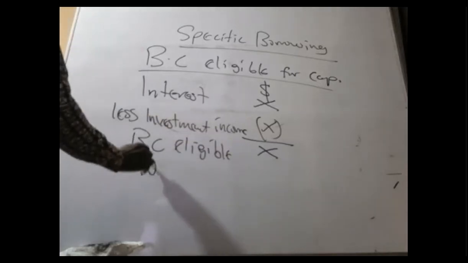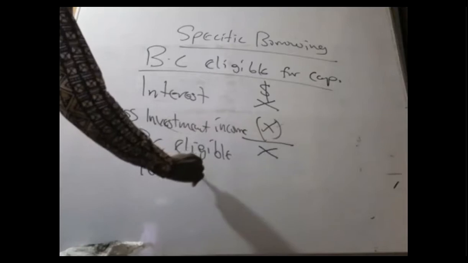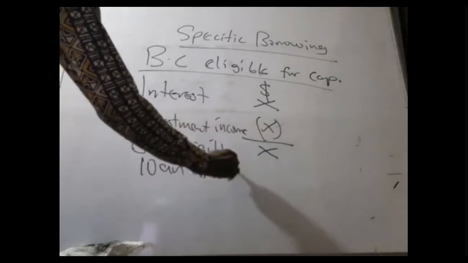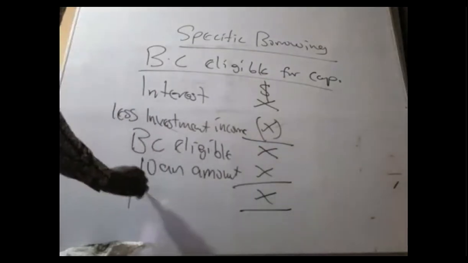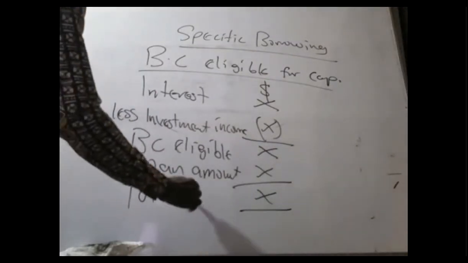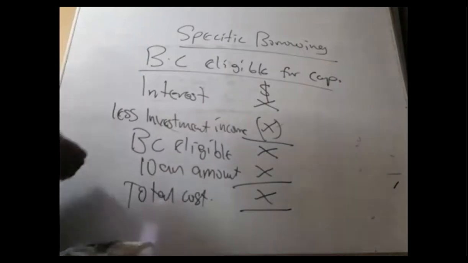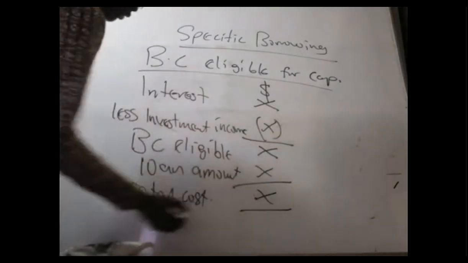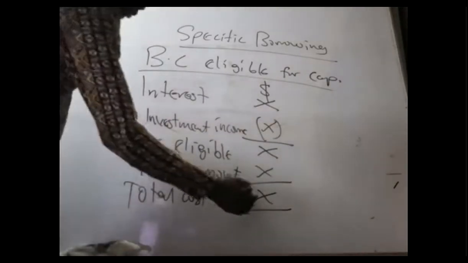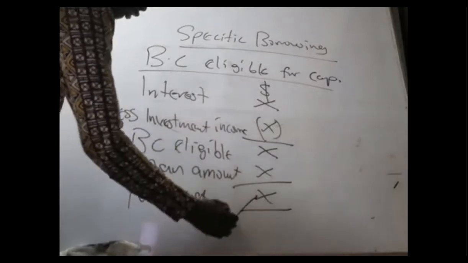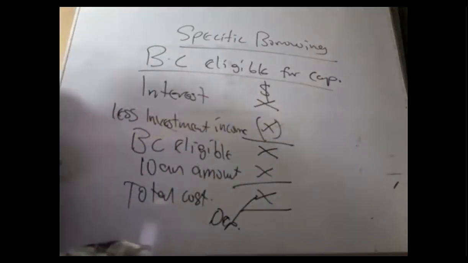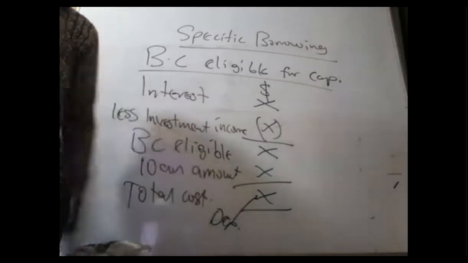As soon as you add the loan amount to it, you get the total cost of the asset. And this should suffer depreciation. Depreciation must be based on this figure, so take note of that.